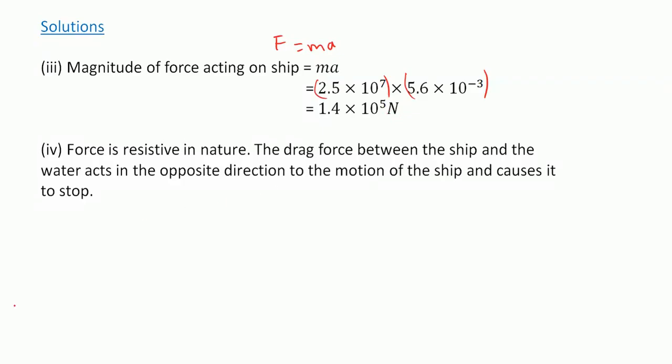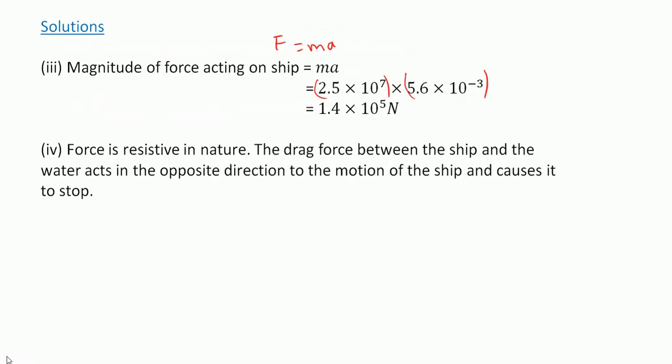And the fourth part of the question asks, what is the nature of the force acting on a ship which leads to the deceleration, and how does this cause the ship to slow down? Well, this force here that we worked out really has a negative sign in front of it, right? Because if we had worked out the acceleration, we would have gotten minus 5.6 by 10^-3.